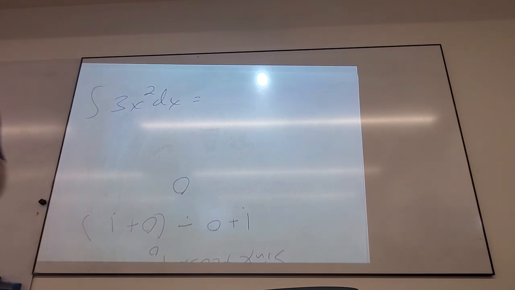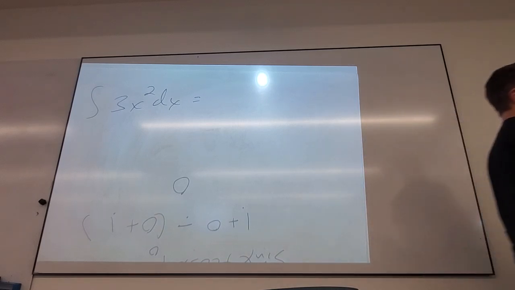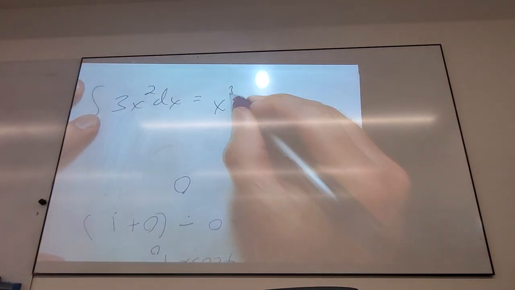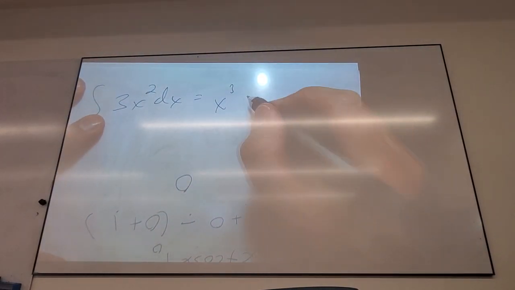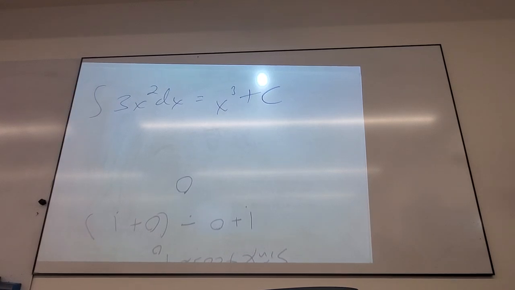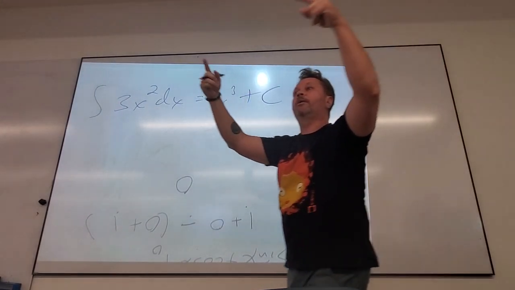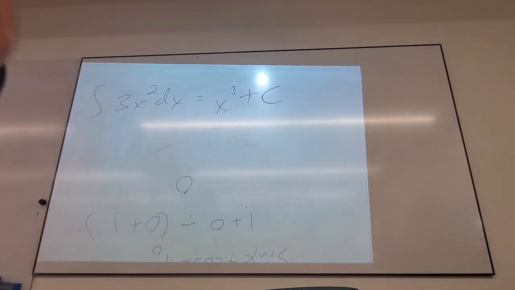So what is the antiderivative of 3x squared? x cubed plus c. Why did the plus c disappear for definite integrals? Because F of b and F of a would both have plus c. I'm subtracting them, so I never have to put a plus c for definite integrals. This is an indefinite integral. I'm not subtracting anything. There's nothing there. Not zero. So I just stop at the antiderivative because I don't know what to plug in yet.